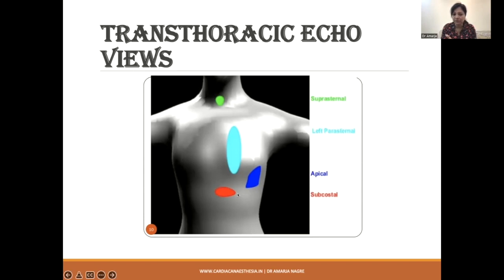In the subxiphoid region, you keep your probe and you get the subcostal views, which are same replicas of the above views only. And so mainly these 3 views are of importance to us.